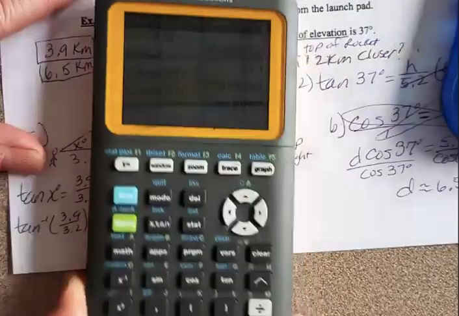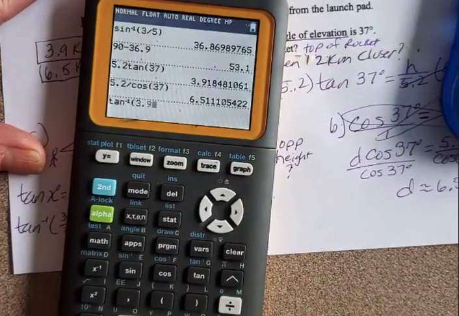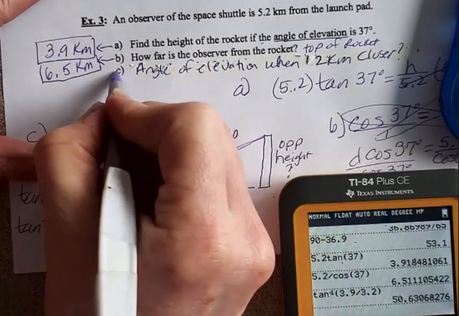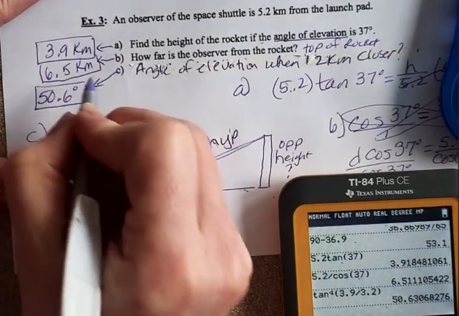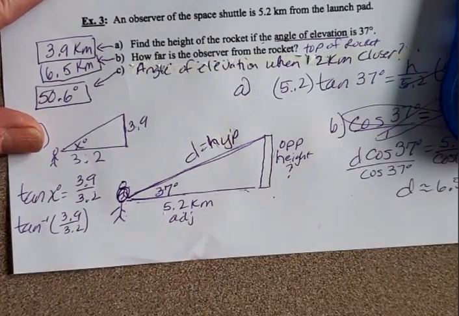Put that right into the calculator. And you get about 50.6 degrees. So this one would be a 50.6 degree angle of elevation, meaning that his neck might get a little sore looking that high up.